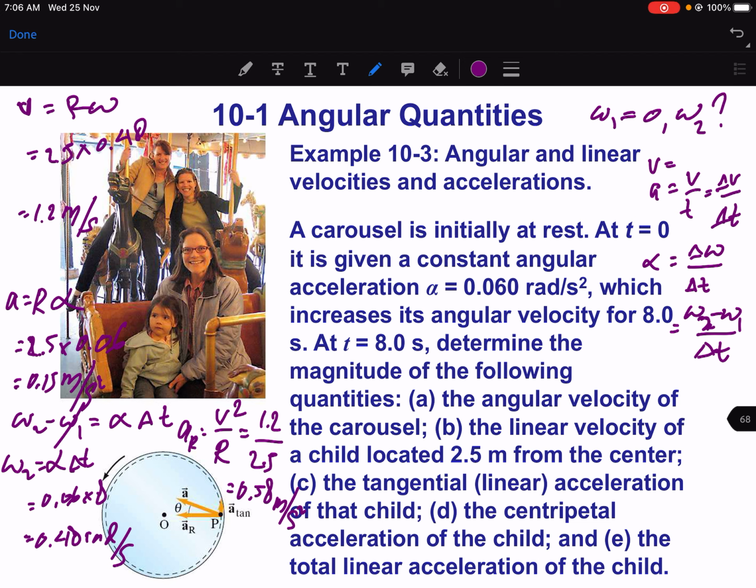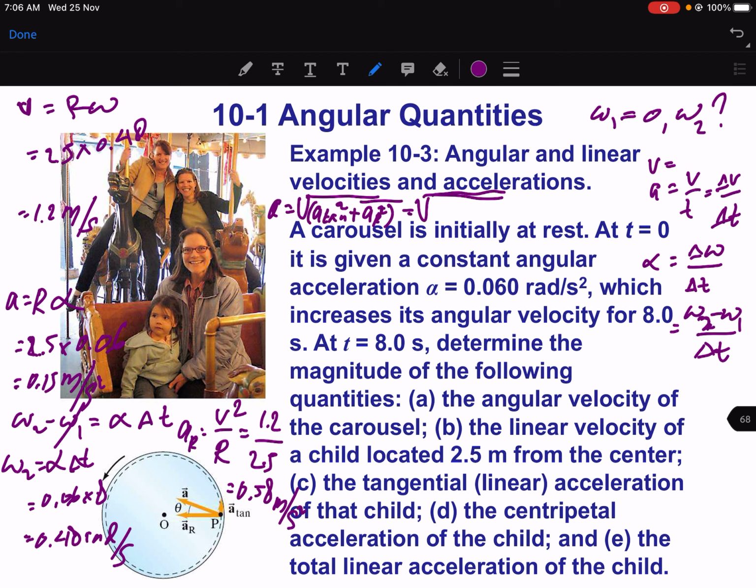I write here: equal to the square root of a tangential square plus a centripetal square.